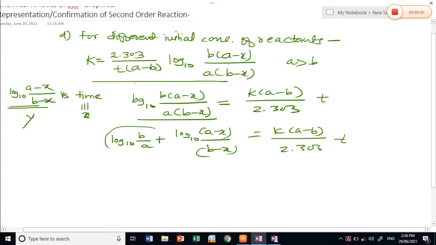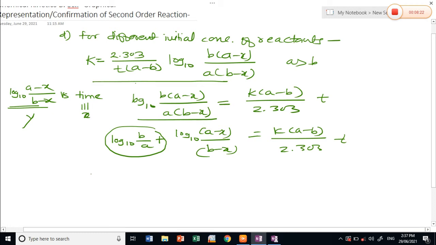And this log to the base 10 b upon a is plus. So when we transfer on this side, our right hand side, it will become negative. And to cancel the negative, that is to get the plus sign, we have to change the numerator and denominator. So a upon b.